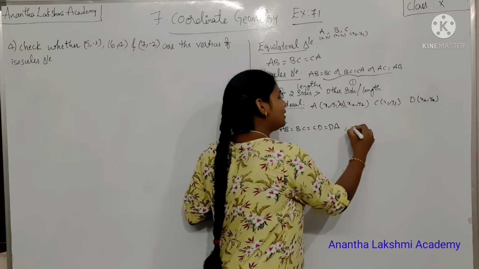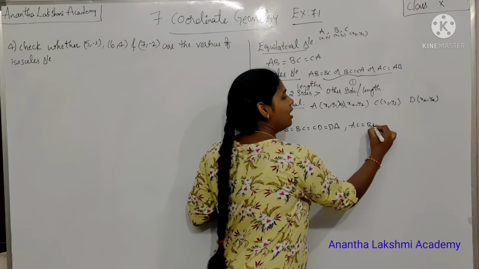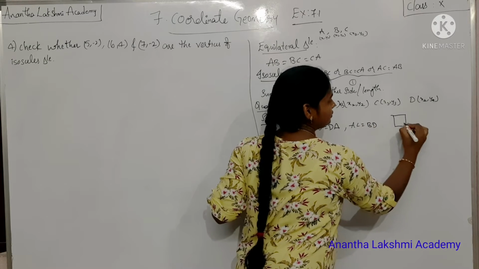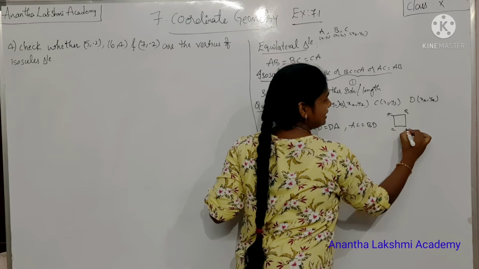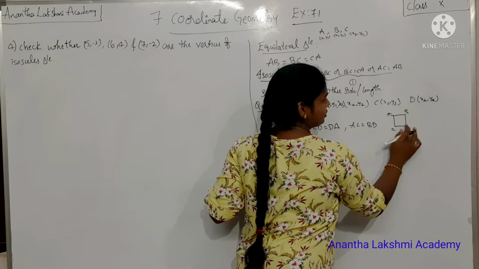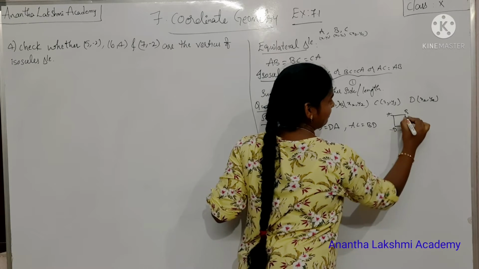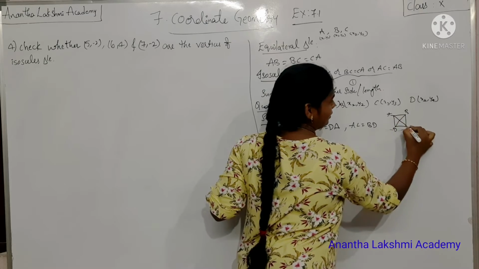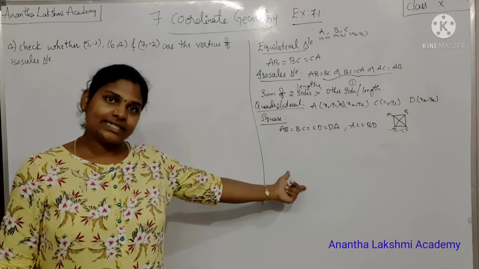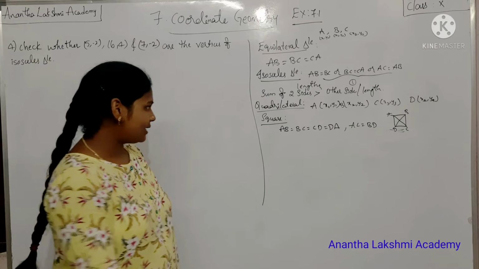Also, the diagonals are equal, AC and BD. For a square, all the four sides are equal and also the diagonals.